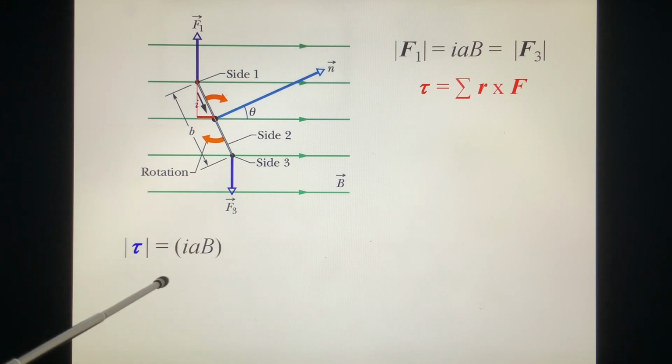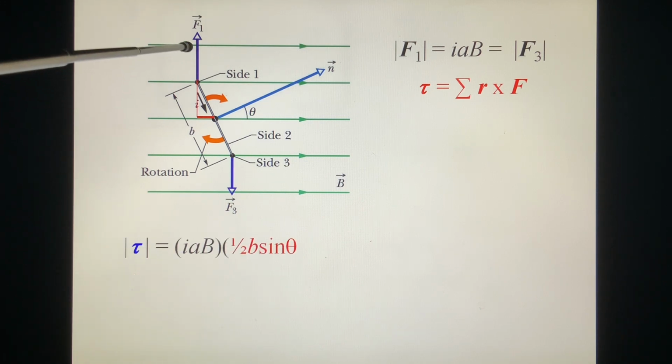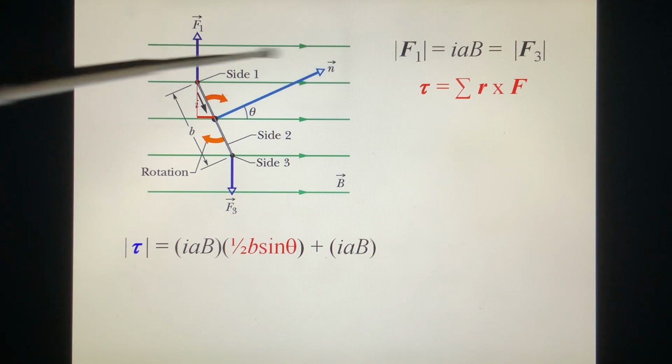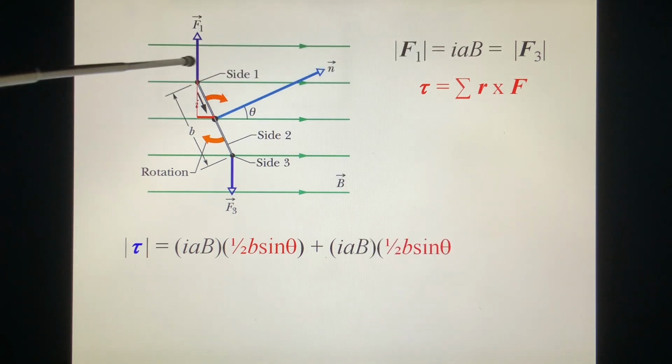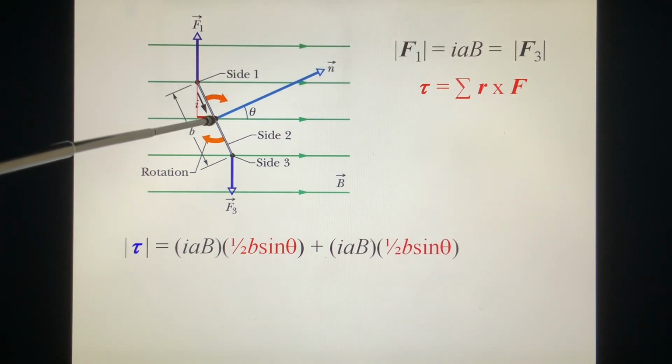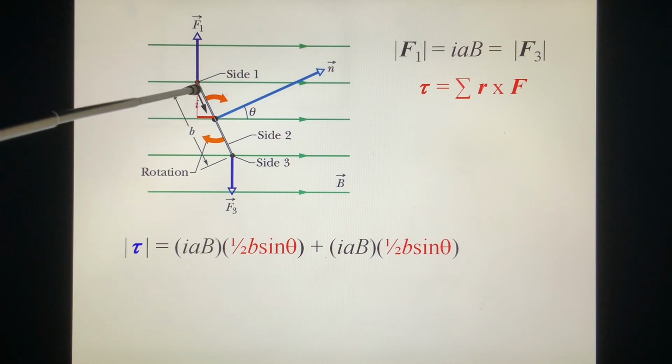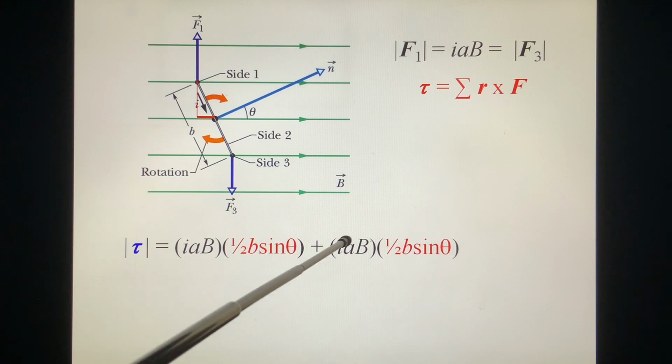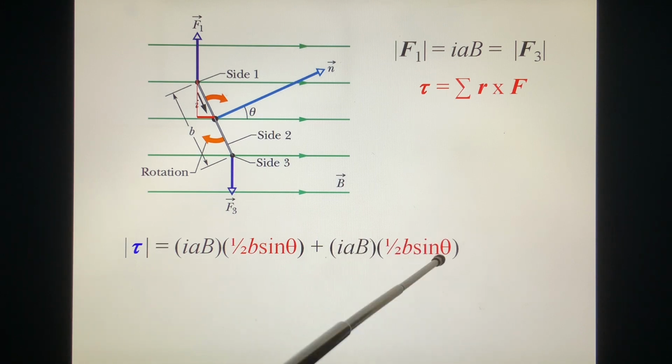The torque has two parts. One part from F1 is I a B multiplied by half b sine theta. The same thing for F3: I a B times half b sine theta.